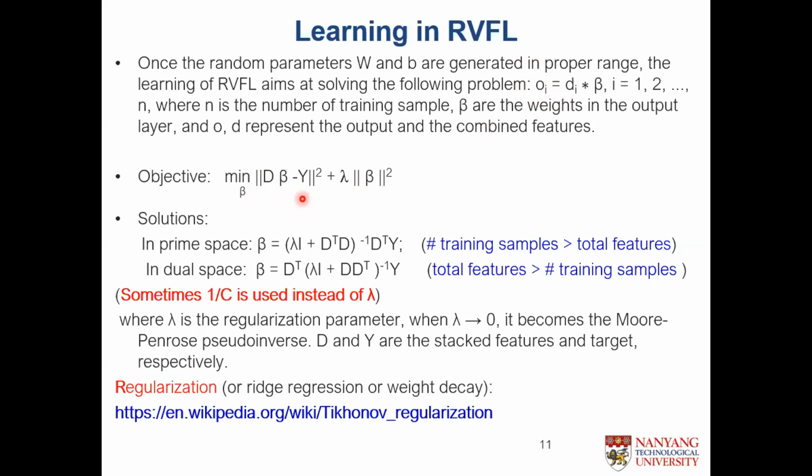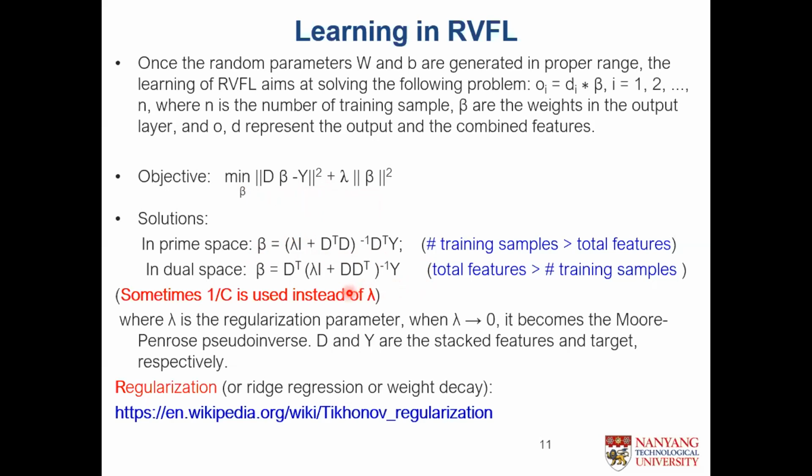We compute the difference and square it up as the error value. The second term is known as the regularization term or minimum norm requirement with the regularization parameter lambda. This objective function, you can differentiate and equate to 0, and when you do this, you will obtain these closed form solutions.